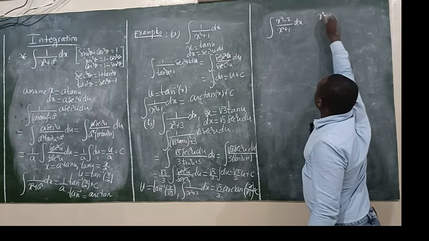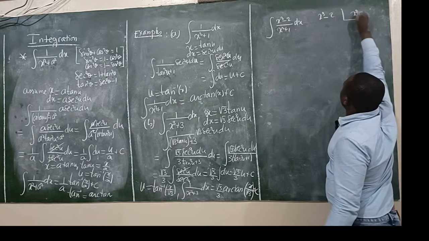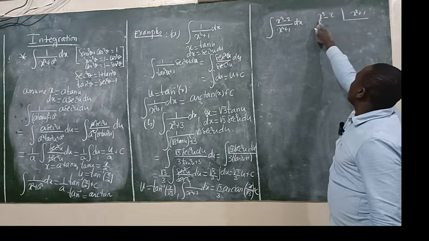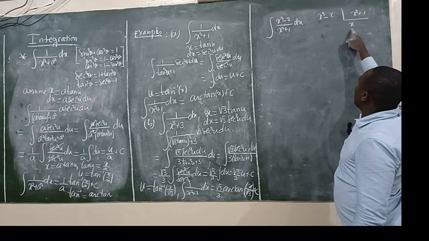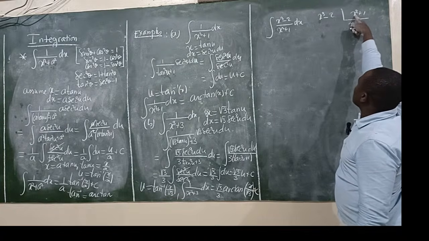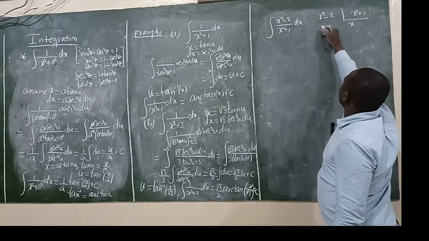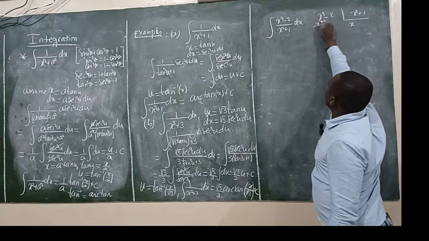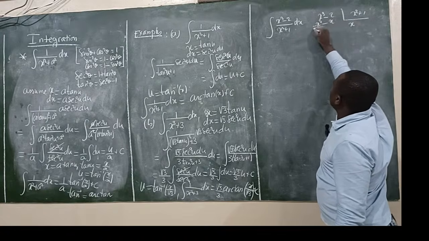Having x cubed minus 2 divided by x squared plus 1. To have x cubed here, we need to put x. This x times this is going to be minus x cubed. This x times 1, that is minus x.